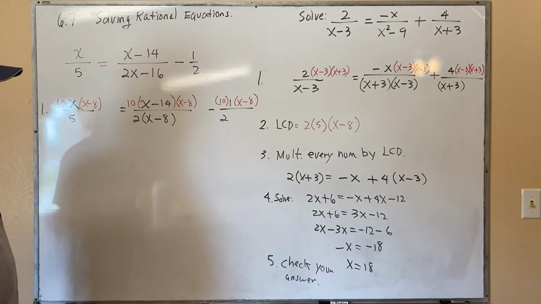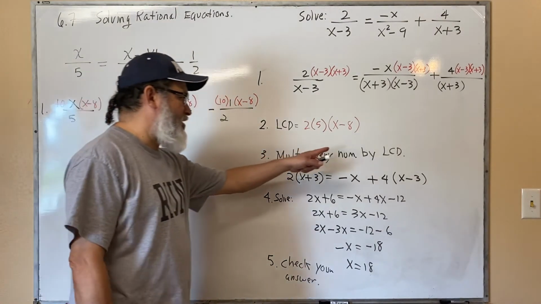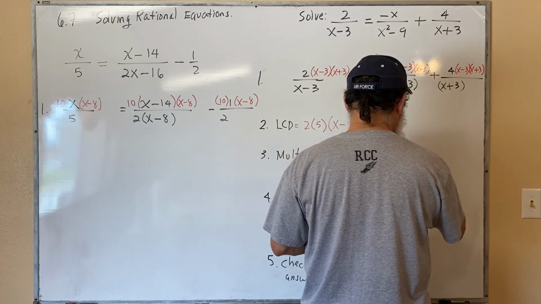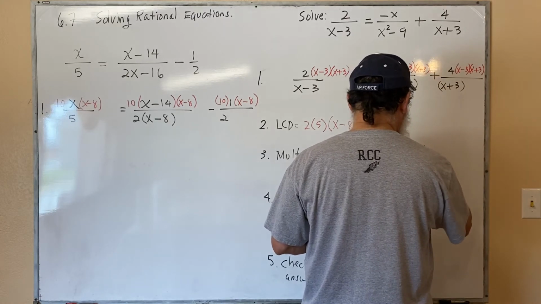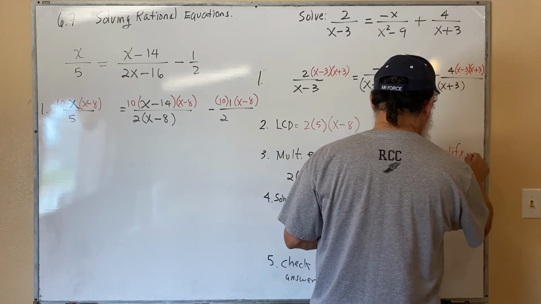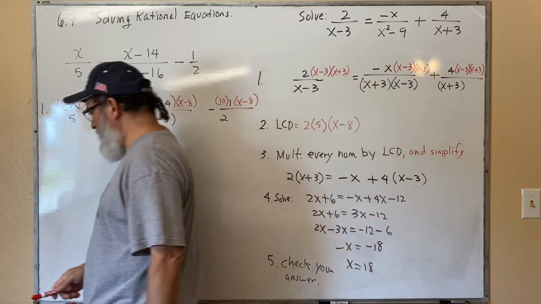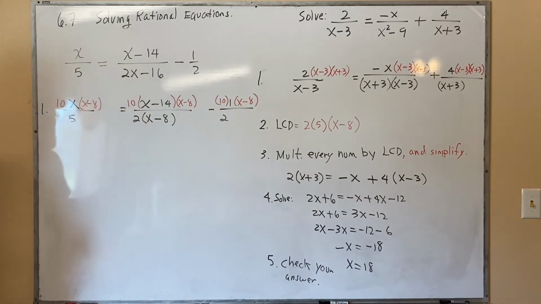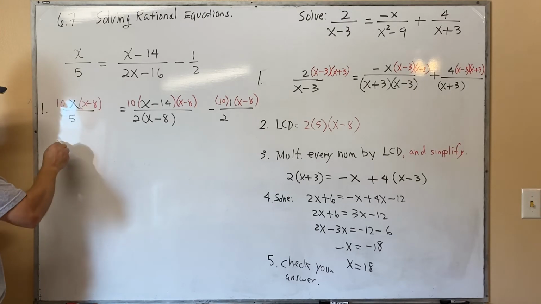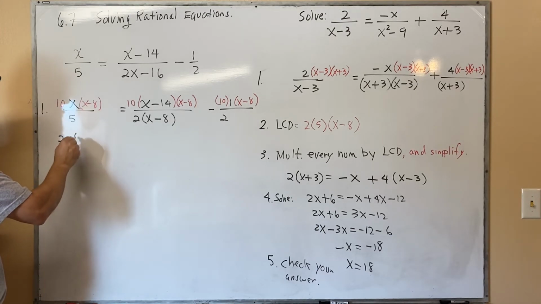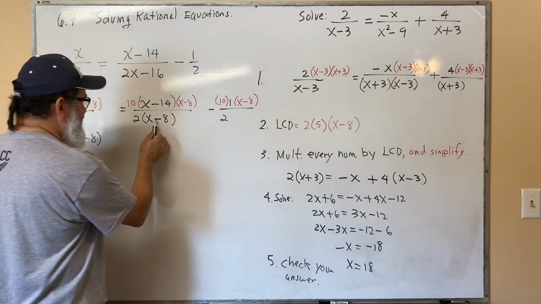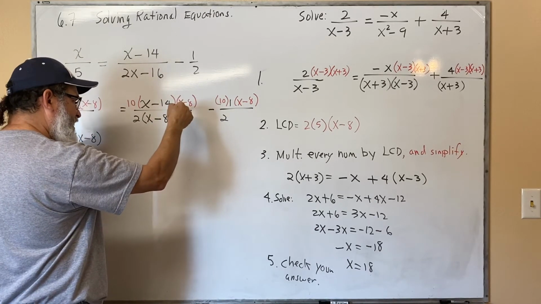I should say multiply every term by the LCD and simplify. 5 into 10 twice: 2x times x minus 8. This x minus 8 cancels this x minus 8.